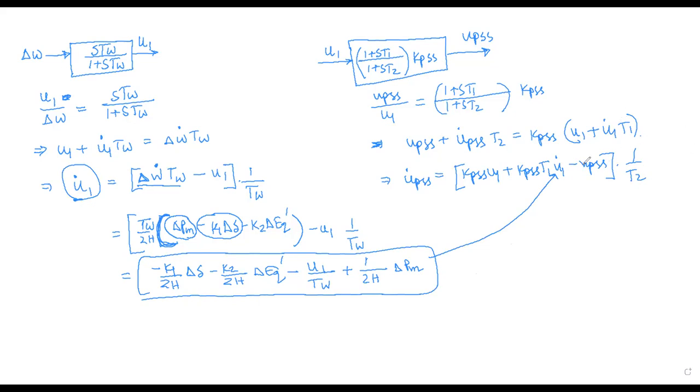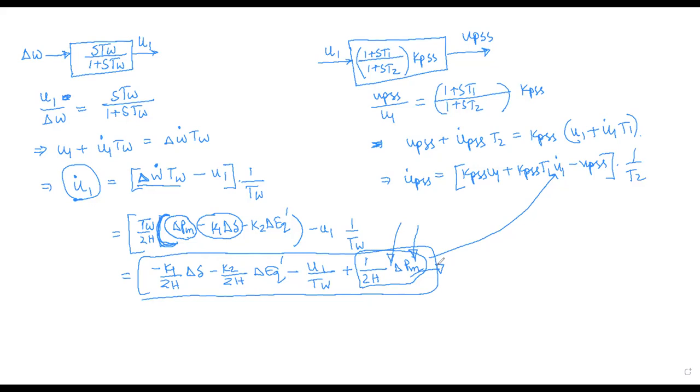You just have to plug in the expression of U1 dot, the whole expression here. Probably in my PDF file, I ignored 1 upon twice H into del PM, but you can consider it there. If you are including some disturbance in del PM, then of course it should be there. If you are including some disturbance in del Vref, then you can drop it because you are not considering del PM.